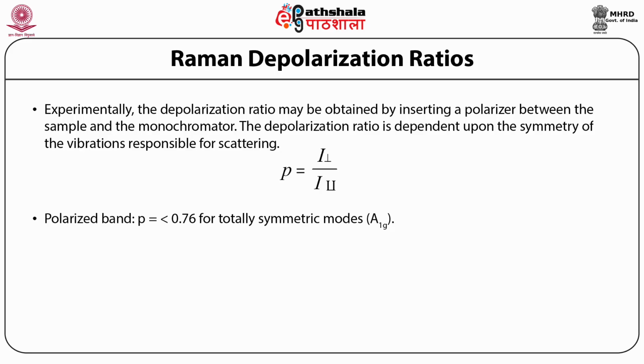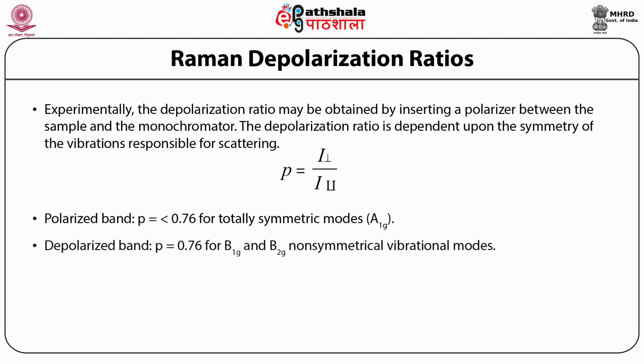These are denoted by small p and they are less than 0.76 for totally symmetric modes, A1G mode. Depolarized light, the p is equal to 0.76 for B1G and B2G non-symmetrical vibrational modes.